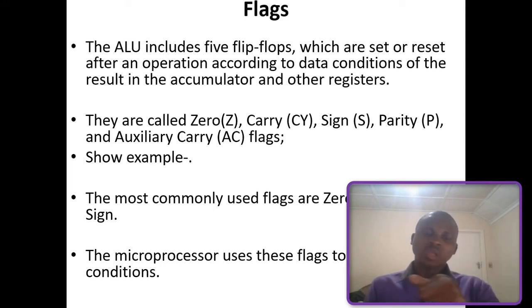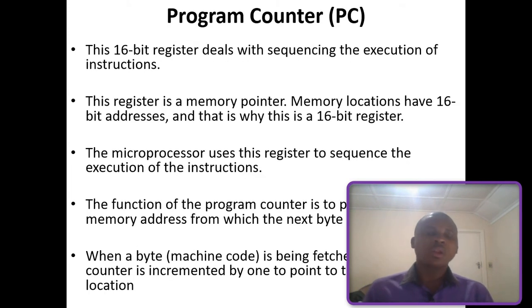If in the accumulator you've got an odd number of ones, the parity flag is going to be set to 1. Else, if you have an even number of ones, it is going to be 0.